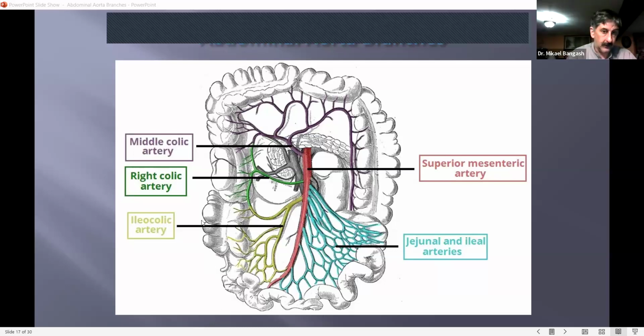Now, please note all this here is on the right side of the patient. So that's why it supplies the right part of the colon, and that's why it's referred to as the right colic artery.